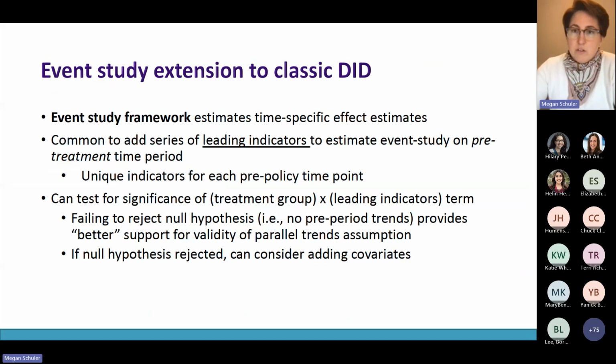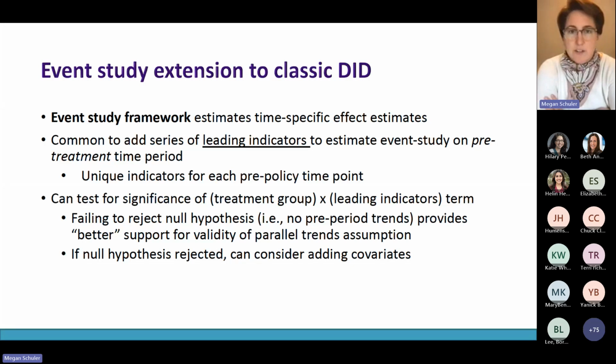So a notable extension to the classic difference in difference model is known as an event study design. So one component of an event study design is the inclusion of leading indicators, which model trends during the pre-policy time period.